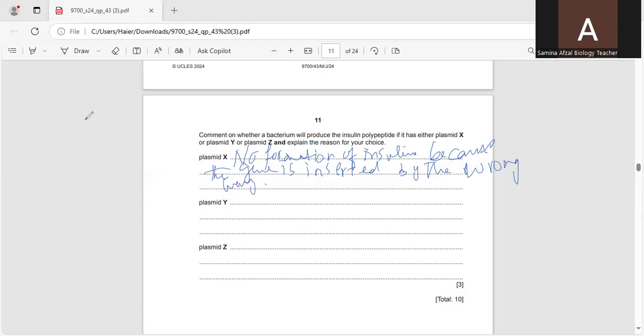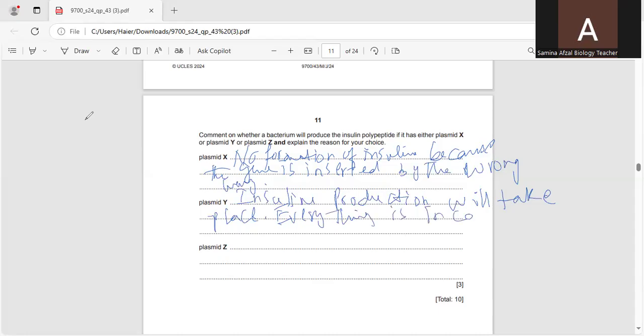And in Y, insulin production will take place because everything is in correct sequence.